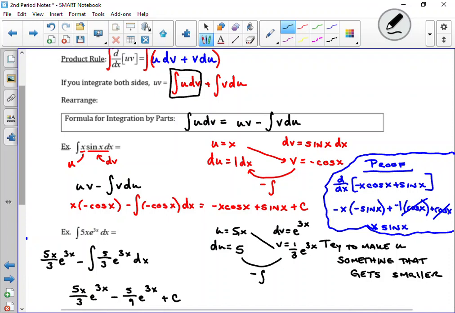Well, he's still practicing. It's part of the process. Okay. Nice job. I think you have to do two integration by parts for this one.